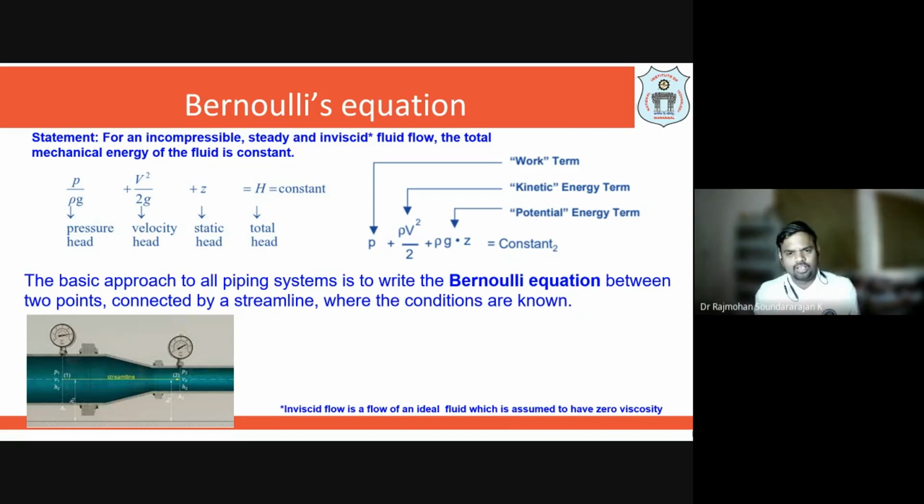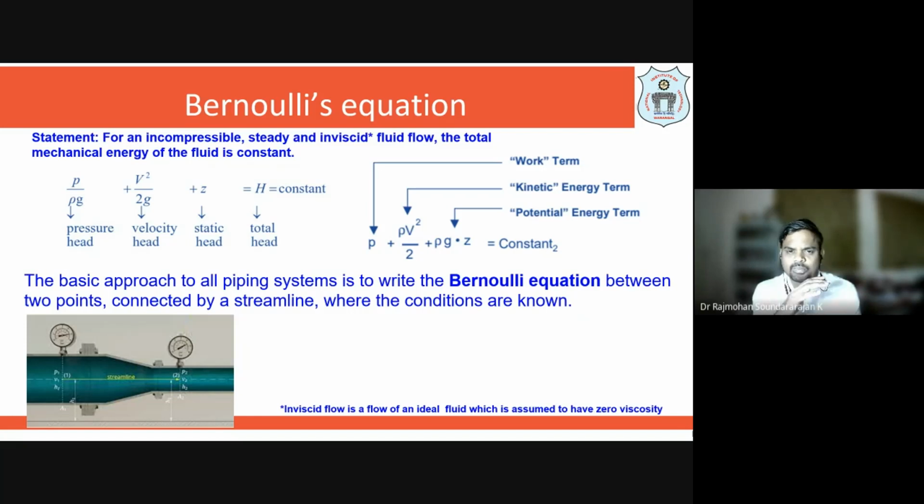I hope you have learned Bernoulli's theorem in thermodynamics also. So from that point of view also we can define the same. In fluid mechanics also we have derived the Bernoulli equation, which states that the summation of total head is equal to a constant, which can be written in terms of head or in terms of energy per unit volumetric flow rate. We can define it in different ways.